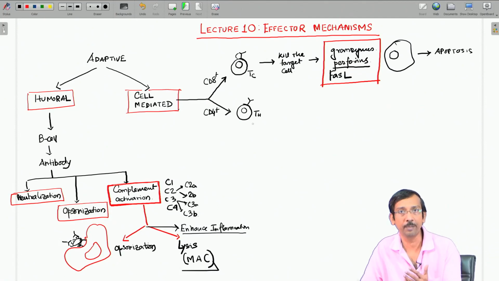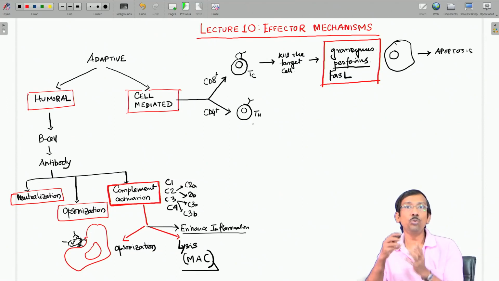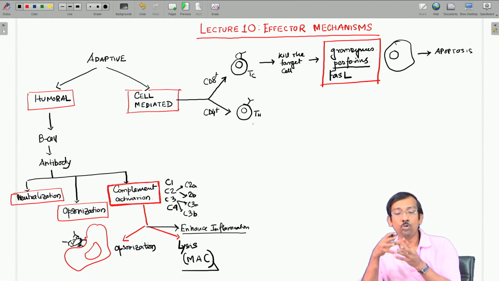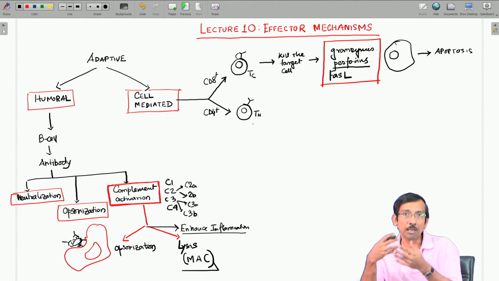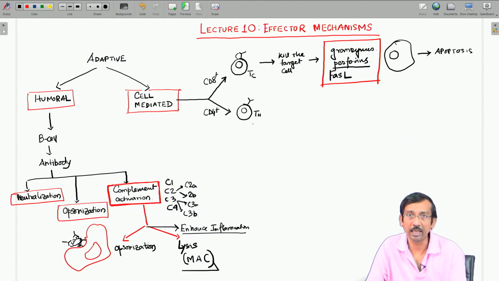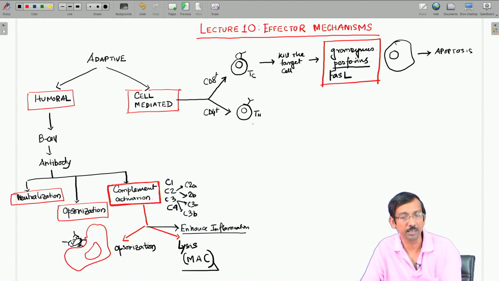They will fight the battle. They are effector cells because they have the ability to release or produce something that kills the target cell, as we have seen for the CD8 plus cells.